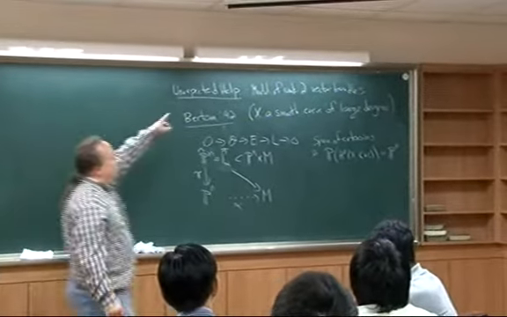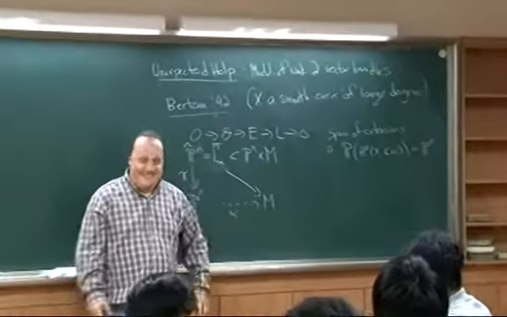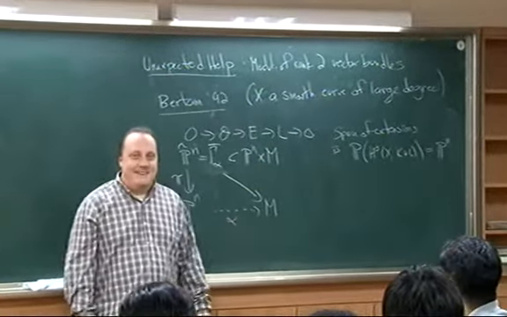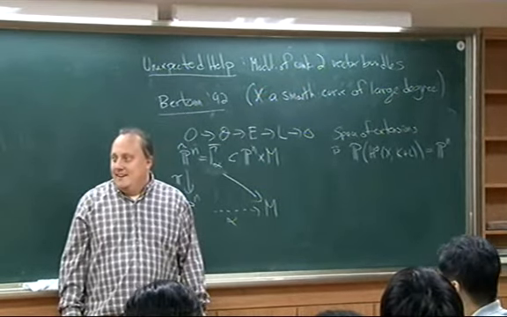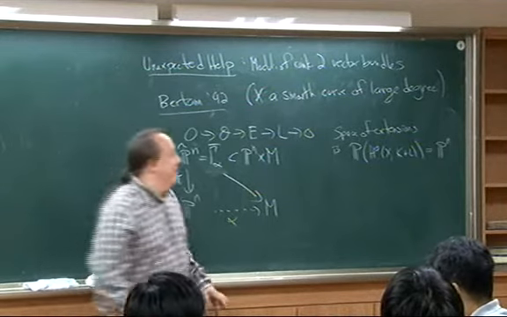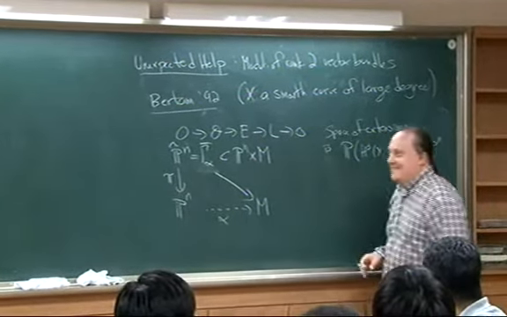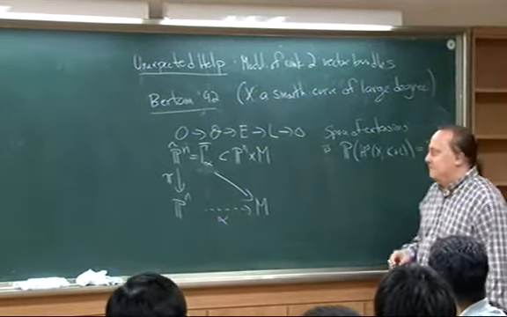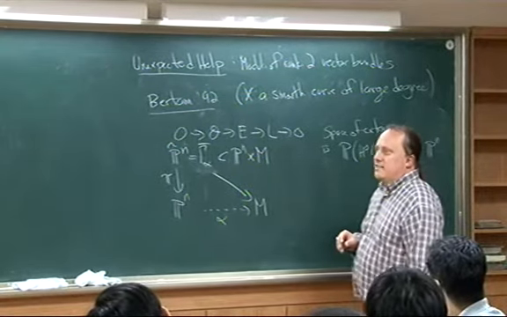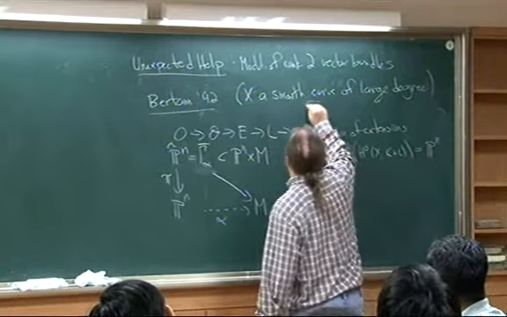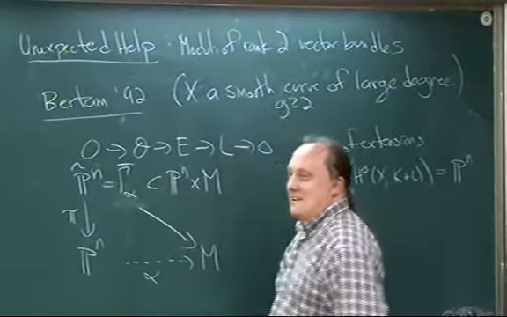M was the moduli space of rank 2 vector bundles. Degree, genus at least 2. Again, this is just motivation.